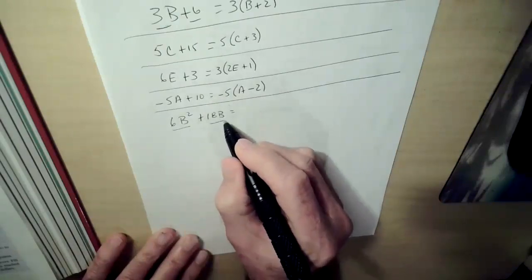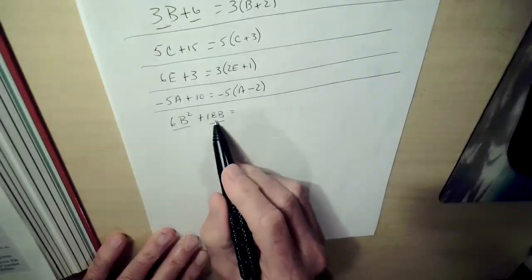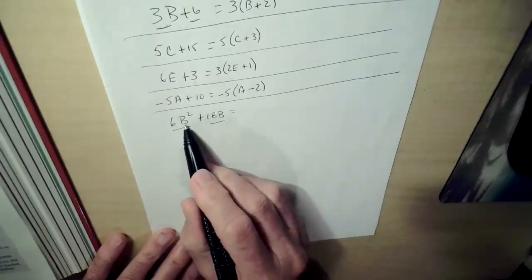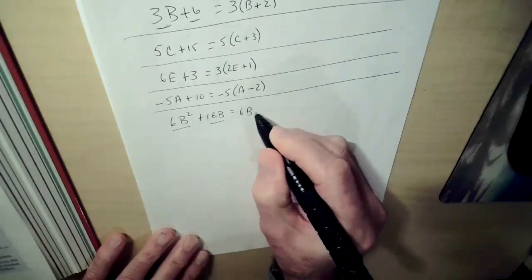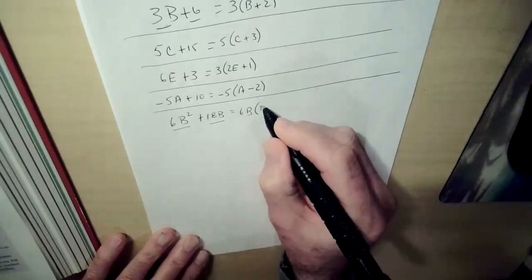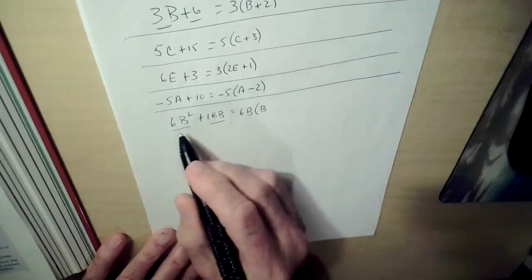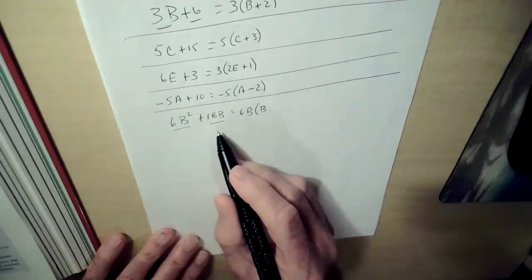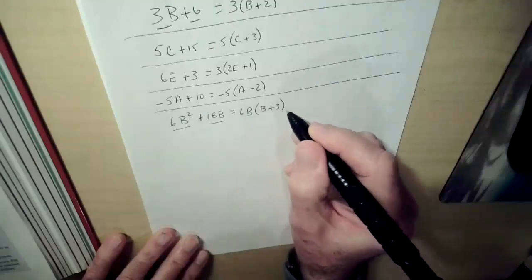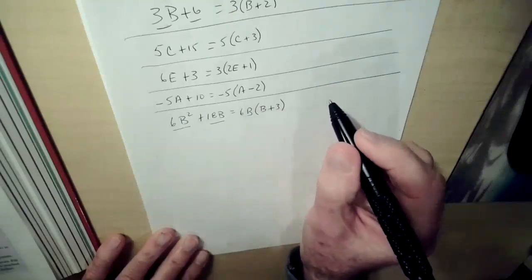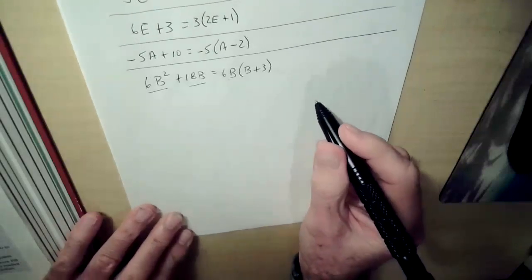6b squared plus 18b. Okay, what can we factor out of each one of these terms? First of all, 6, right? And we can factor a b out of here also. So 6b times b. 6b times b is 6b squared. And then 6b times 3 is 18b.